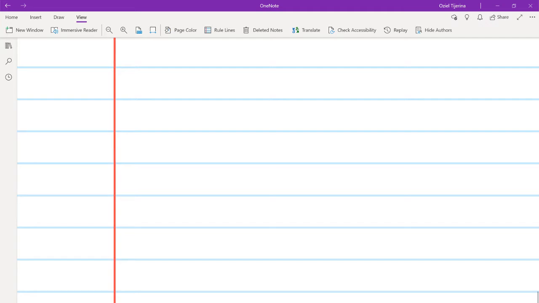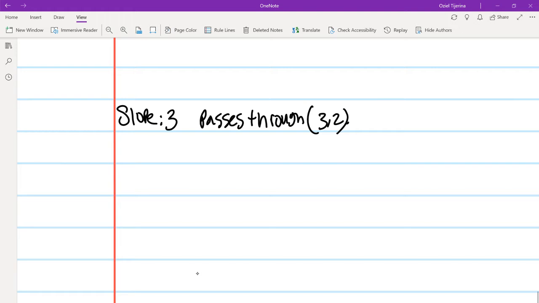So let's say we have a problem that says the slope is 3 and it passes through (3, 2).